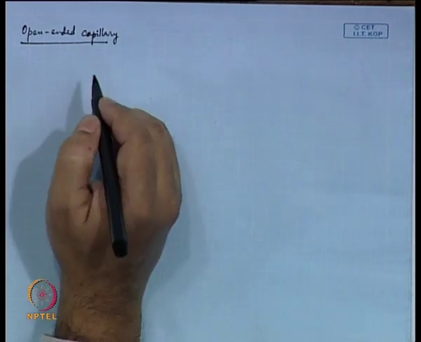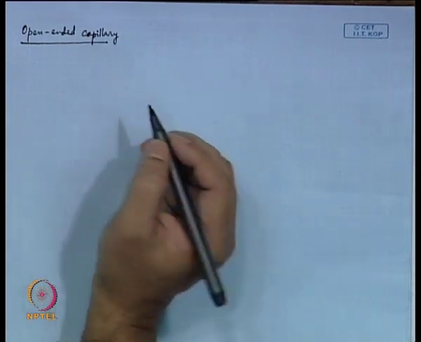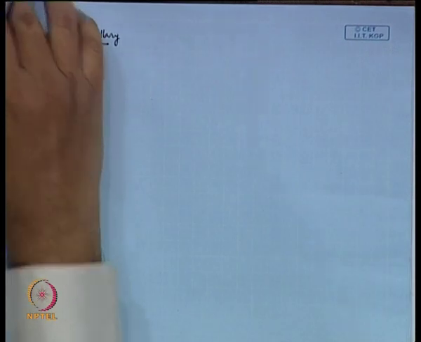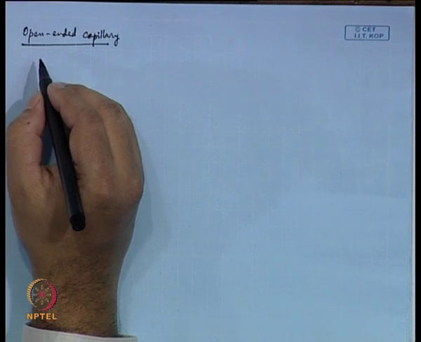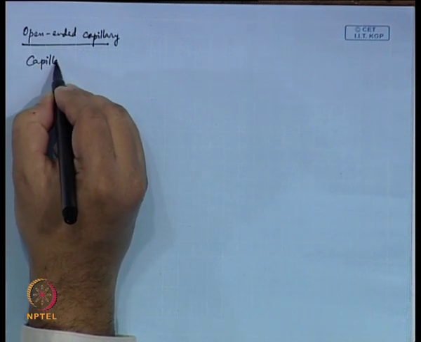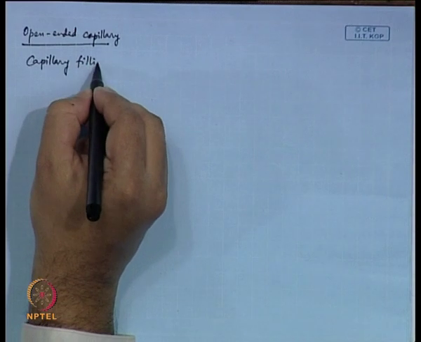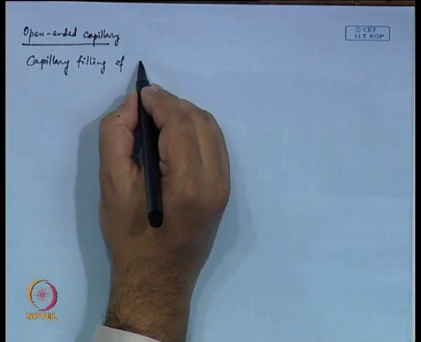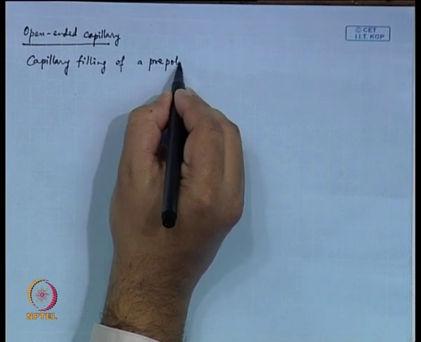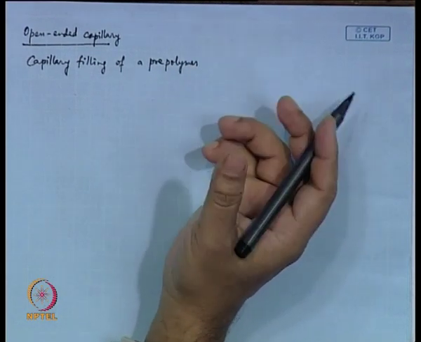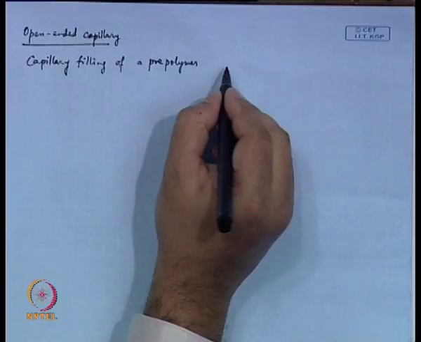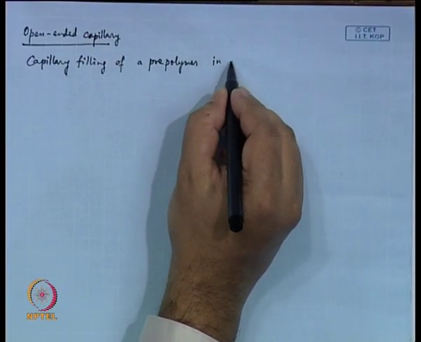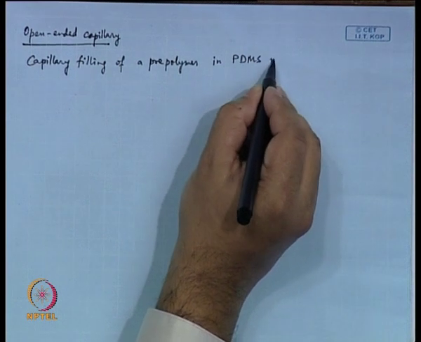Open-ended capillary. Let us say we are talking about capillary filling of a pre-polymer. Pre-polymer means you expose it to UV and you expect that the polymer will solidify. Capillary filling of a pre-polymer in a PDMS mold.